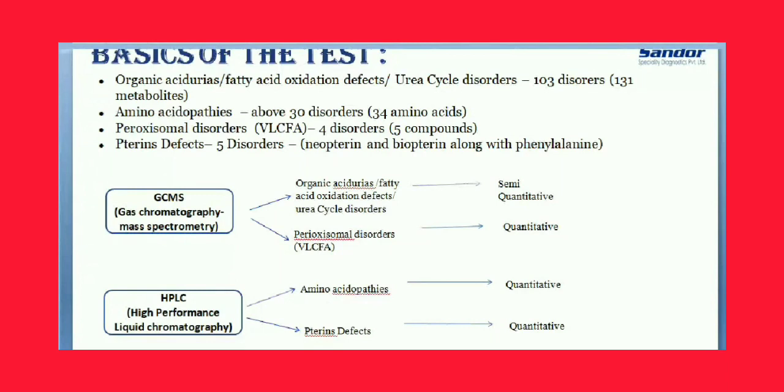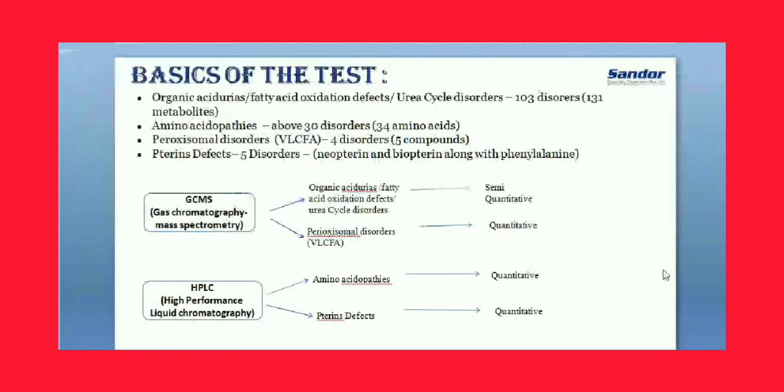I've given everything in this slide. We would be doing organic acidurias, fatty acid disorders, urea cycle disorders, all these disorders together, 103 disorders. These disorders are detected based on 131 analytes. We were talking about analytes, metabolites, yesterday and before, right?